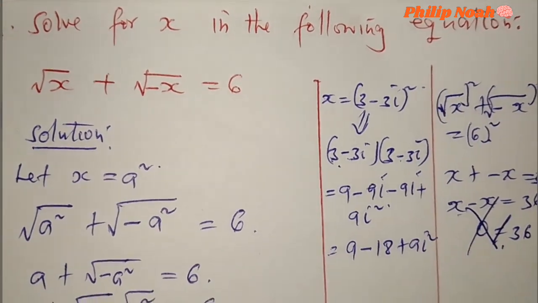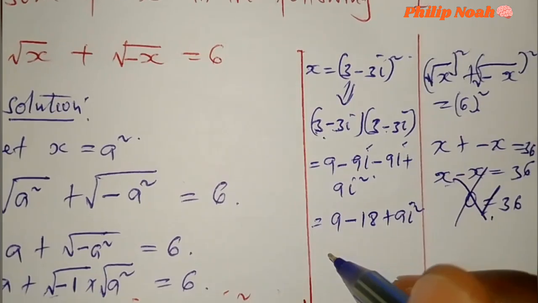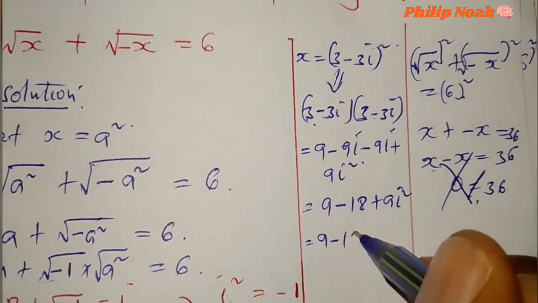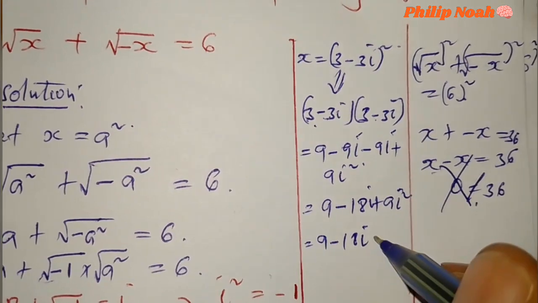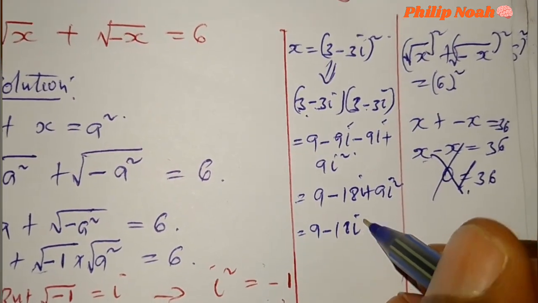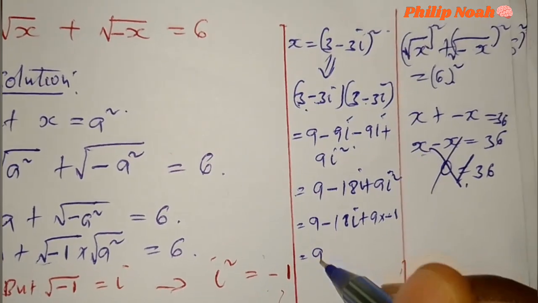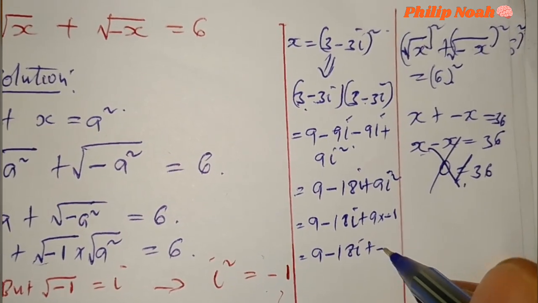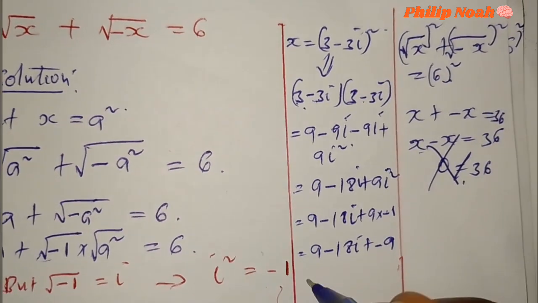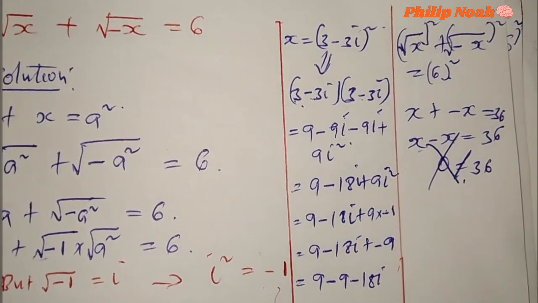But we are saying that i squared gives us negative 1. So we have 9 minus 18i plus 9 times negative 1. This is 9 minus 18i minus 9. So we have 9 minus 9 minus 18i.